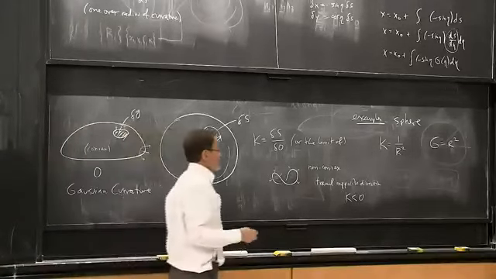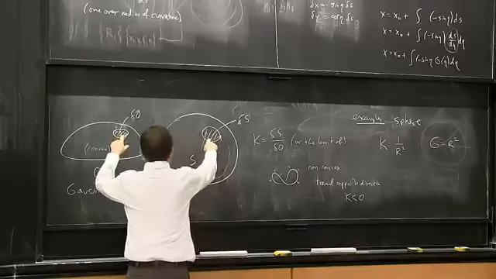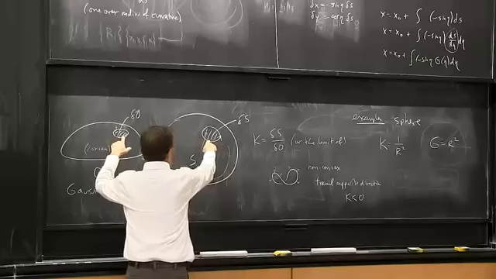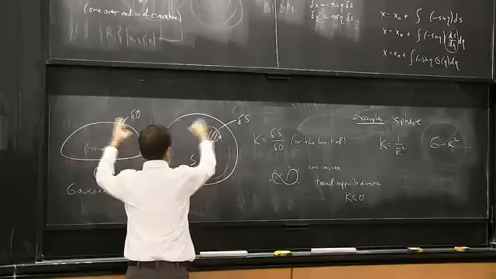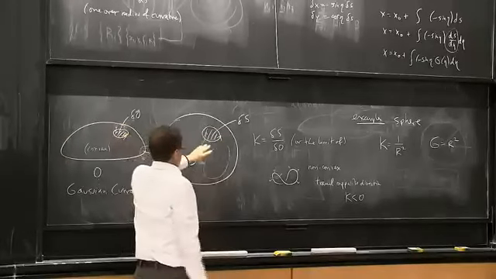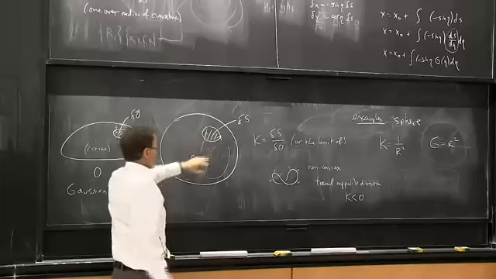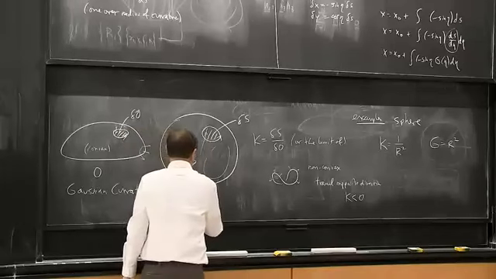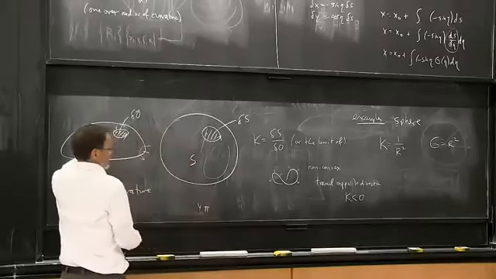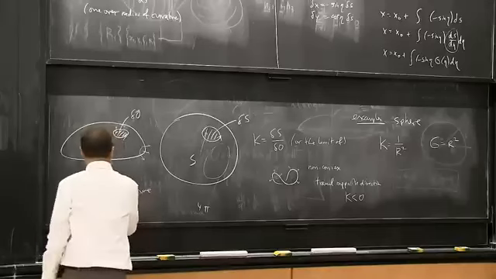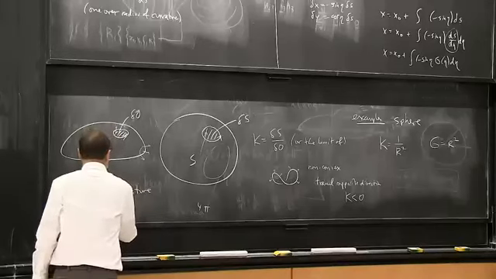Well, it's pretty simple. It's the ratio of these two areas. And in the case of a sphere, I can actually just take the whole thing, right? So this is a unit sphere, so its area is going to be 4 pi. And this is a sphere of radius r, so its area is 4 pi r squared.